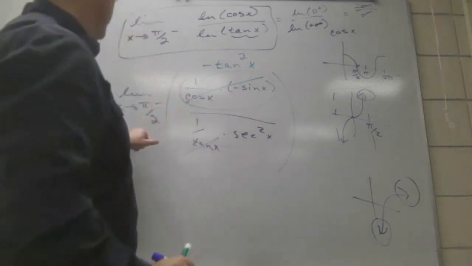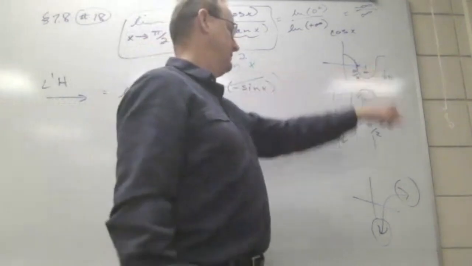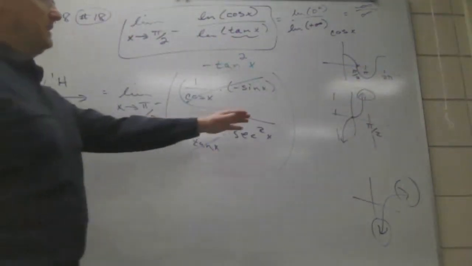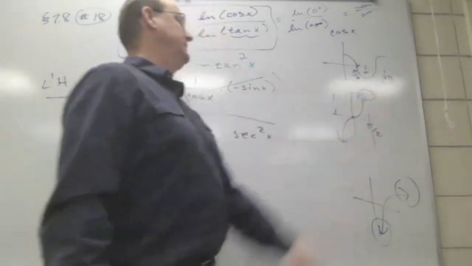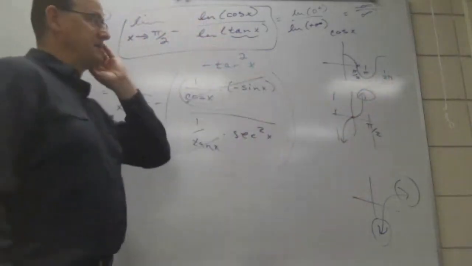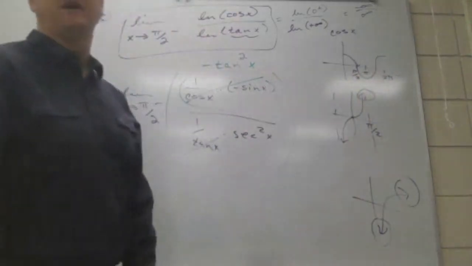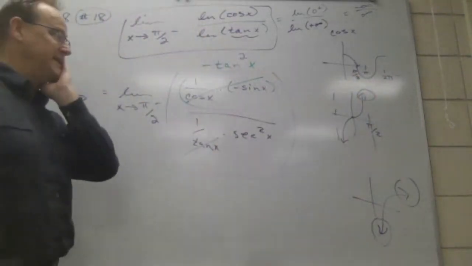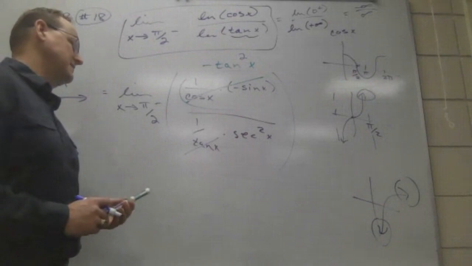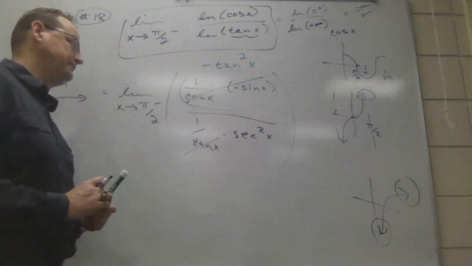If I plug in pi over 2 to tangent, taking pi over 2 from the left, tangent of x would approach positive infinity. I'd be squaring it and then taking the opposite. I still get minus infinity on top. So this doesn't work out too good, right?